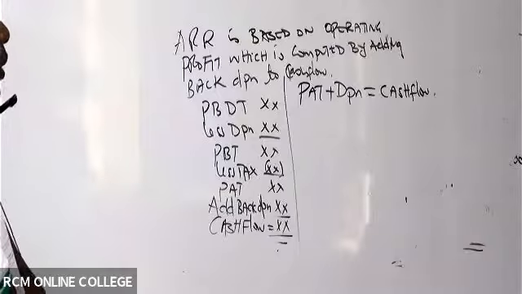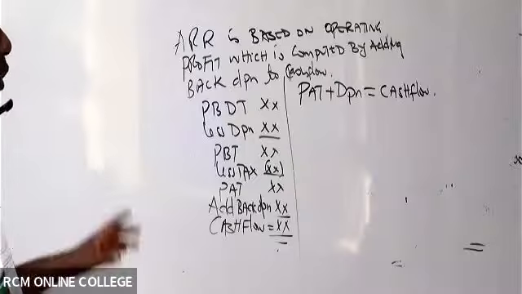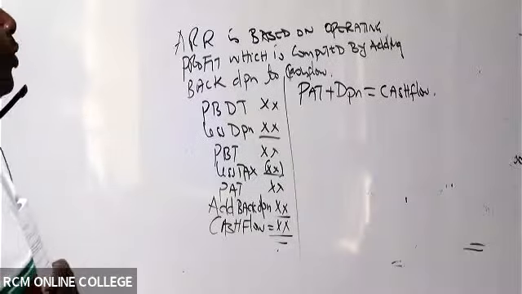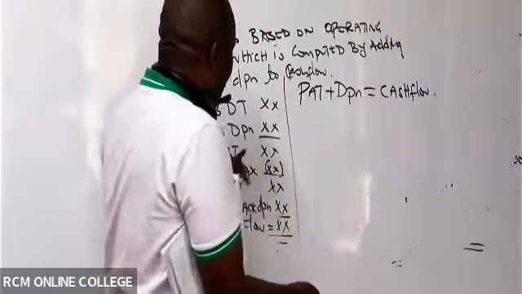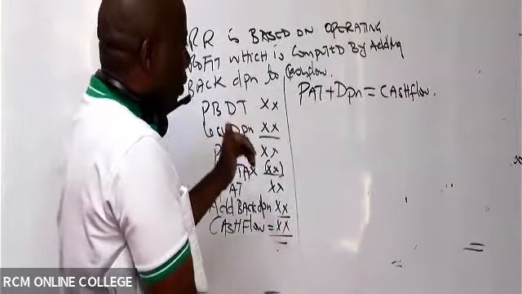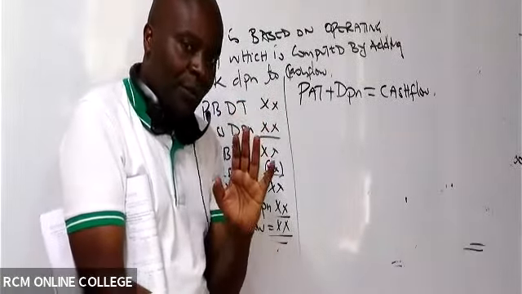So accounting rate of return is based on operating profit, which is computed by adding back depreciation to cash flow. That is not correct. Because when you are given cash flow, it means they took profits and added back depreciation.